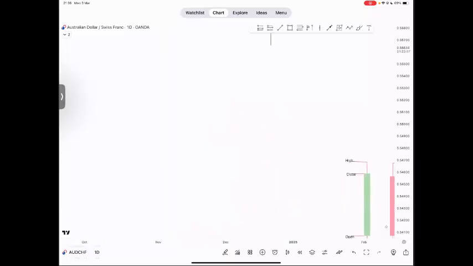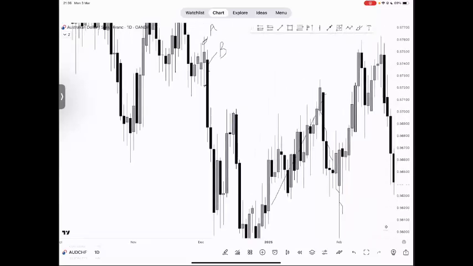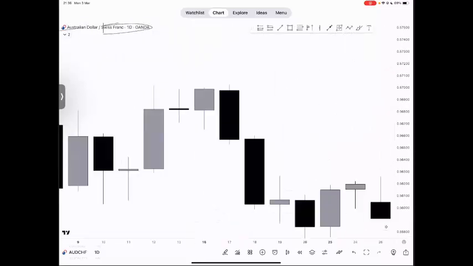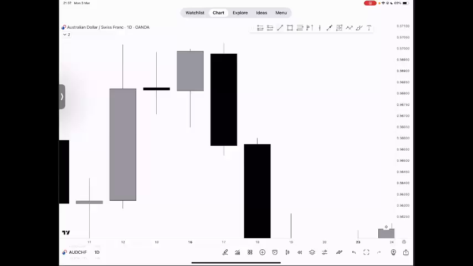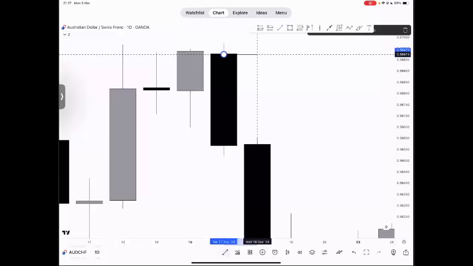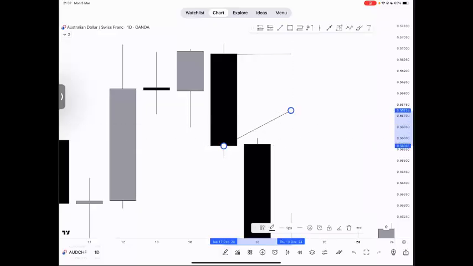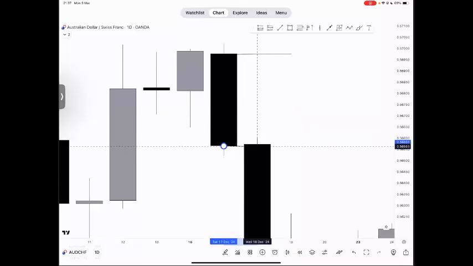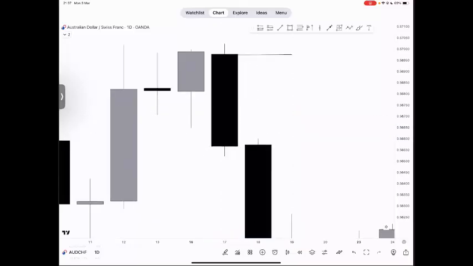Let's look at this bearish candlestick. This is the opening price at this point, and this is the closing price. And then these are the wicks, the highs and lows.